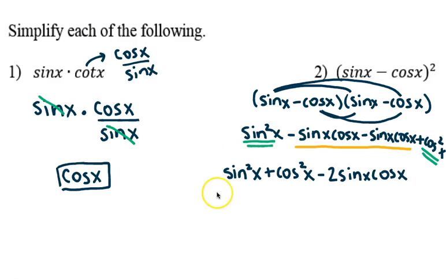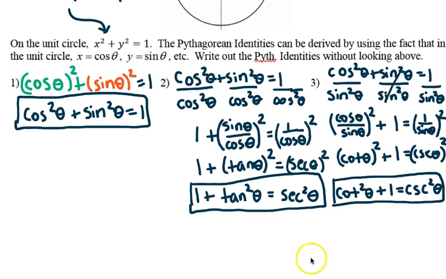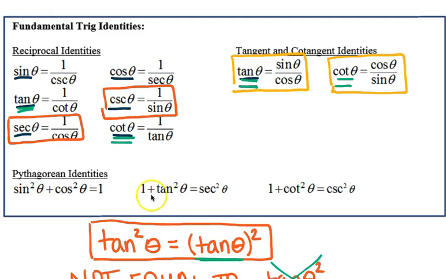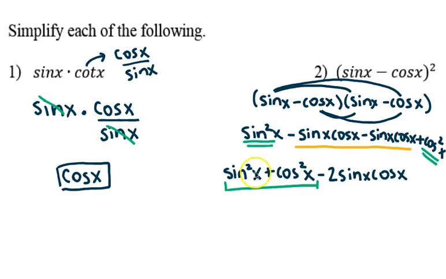Okay. And like I said, this right here was a Pythagorean identity, right? If we look back, here it is right here, sine squared theta plus cosine squared theta equals 1. So if I have sine squared theta plus cosine squared theta or sine squared x plus cosine squared x, I can just replace that with 1. So here I'm just going to replace that with 1.